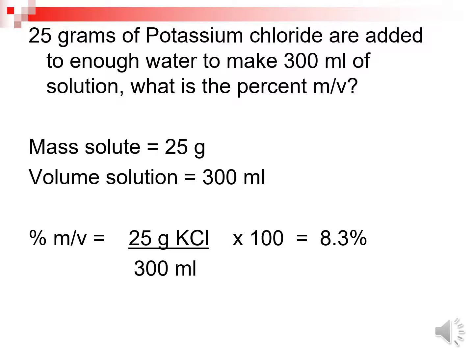So understanding the percent mass over mass, percent mass over volume, and percent volume over volume units allows you to solve some problems with these conversion factors, such as this conversion factor, 25 grams of KCl over 300 milliliters of solution. That can be used to solve a problem if it's used as a conversion factor.